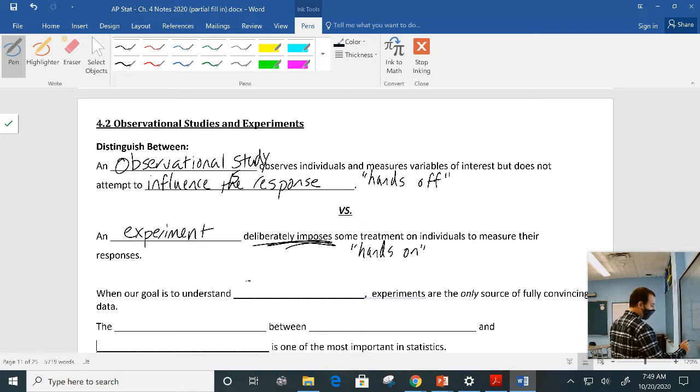When our goal is to understand a cause and effect relationship, okay, experiments are the only way that we can show a cause and effect relationship, all right? We cannot show a cause and effect relationship through an observational study. The distinction between experiments and observational studies is one of the most important things in statistics.